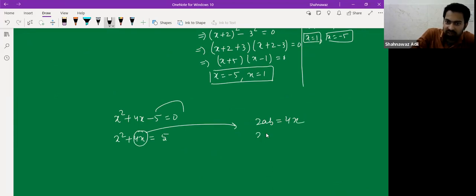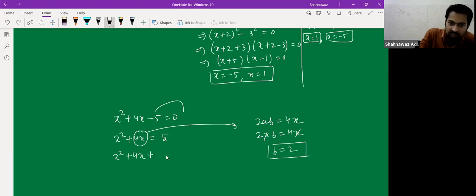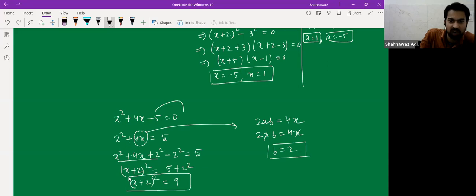So a is x, so x cancels and you get b as 2. And whenever you get b, you add the b square term and subtract the b square term. Now this becomes the complete square, and this term comes over here. We have to reach this part.